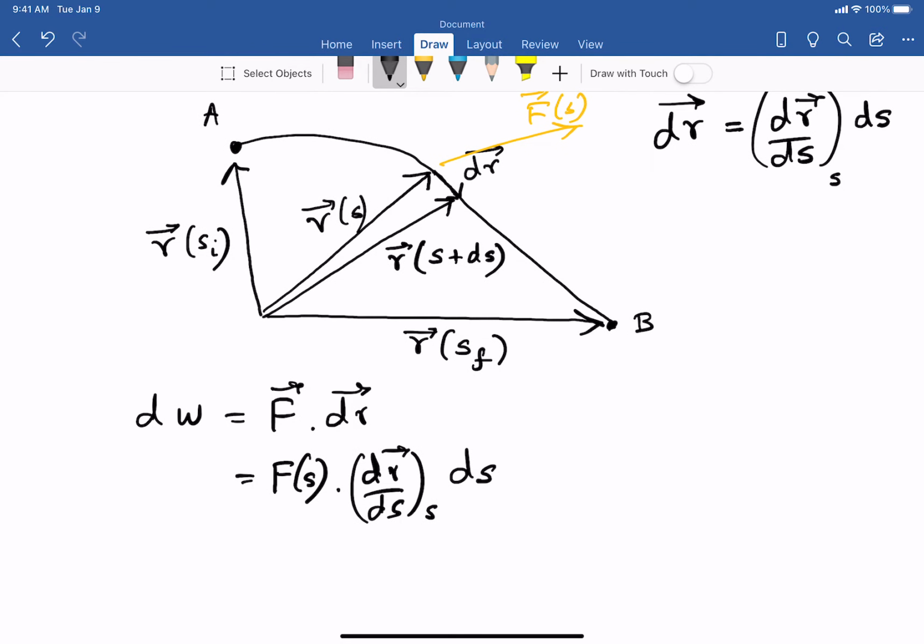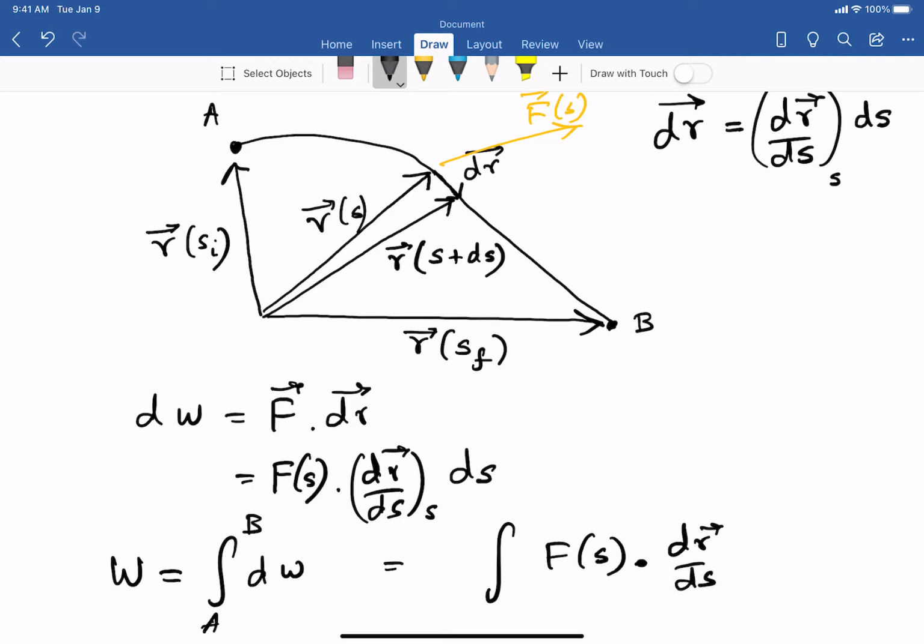And so the total amount of work done in going from A to B will just be the integral of all of these dW's, which basically means just add up all these dW's. And so that is going to be the integral of this whole thing. So F evaluated at s dot dr/ds evaluated at s, ds.